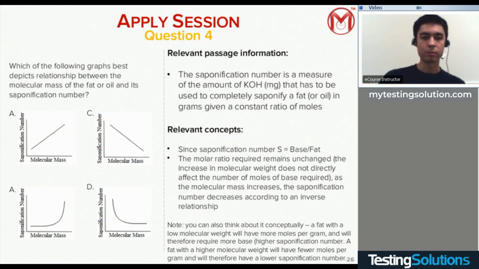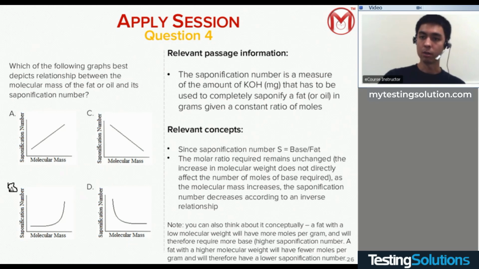So again, let me just fix this up so that it actually matches what you see on your slides, so that we're talking about the same thing. There we go. All right, so the question here is about the relationship between the molecular mass of the fat or oil and saponification number.